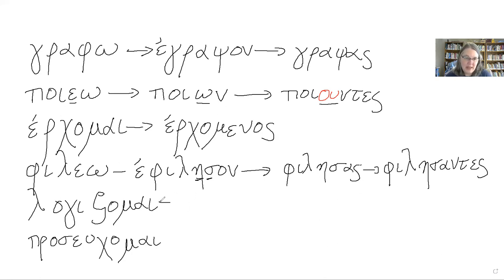Now, logizomai is a little bit difficult because he wants it in the aorist. And when we turn this into the aorist, the zeta is going to combine with the sigma, and actually the sigma is just going to completely take it over.